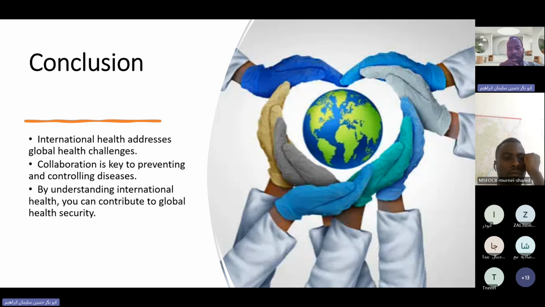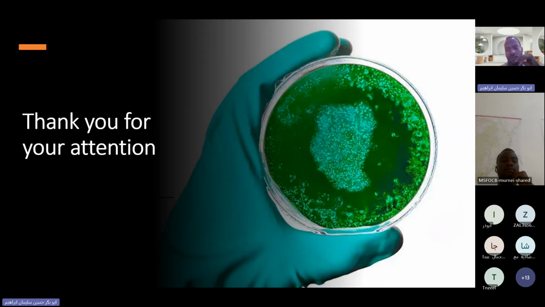When we apply the International Health Regulation in a good way, the global health security will be good. We can reduce the different types of disease among the countries and reduce the threat of health challenges. This is the conclusion of our lecture. Thank you for your attention.